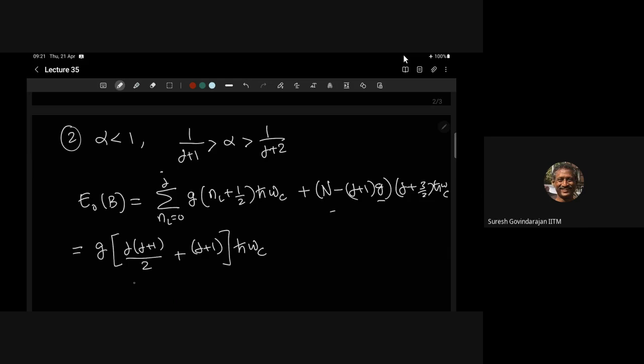If I put that here, that will be minus j plus 1 into j plus 3 by 2, plus N into j plus 3 half, h bar omega c.